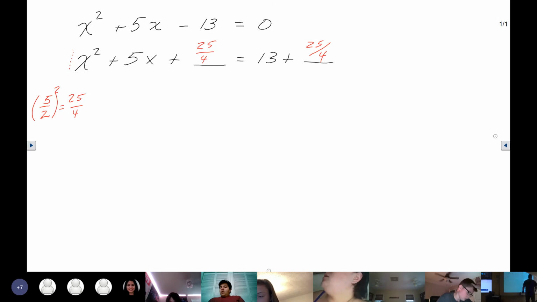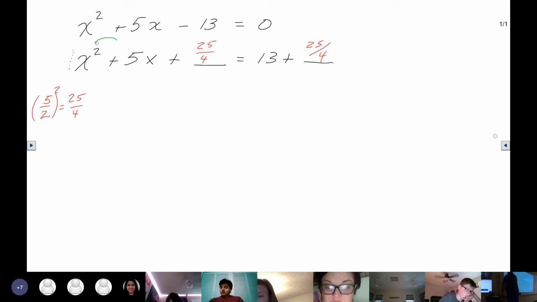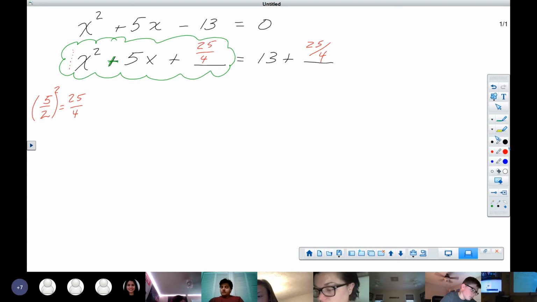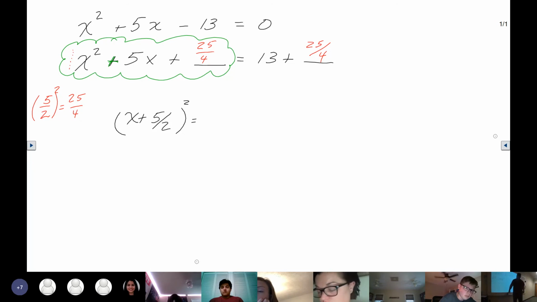That's shortcut number 1 because of the positive. So therefore, we're going to rewrite that as x plus 5/2 quantity squared is equal to, let's see, we're going to change that 13 to what, 52/4?